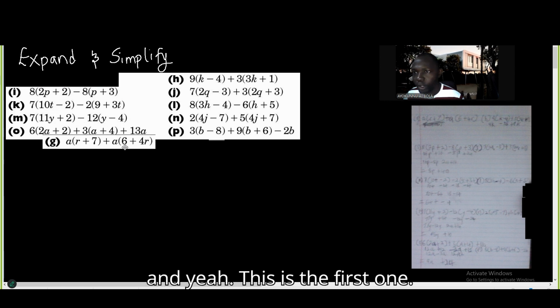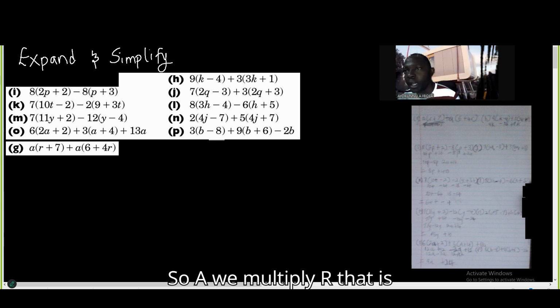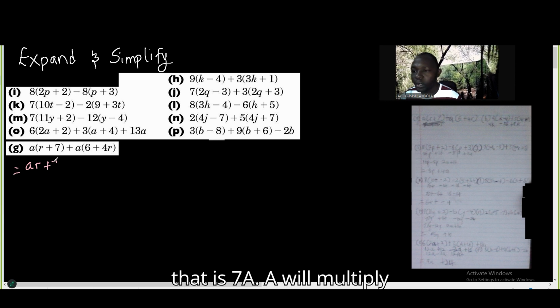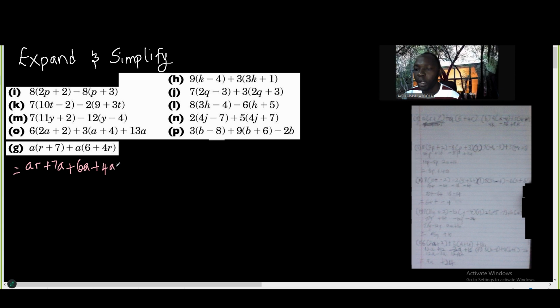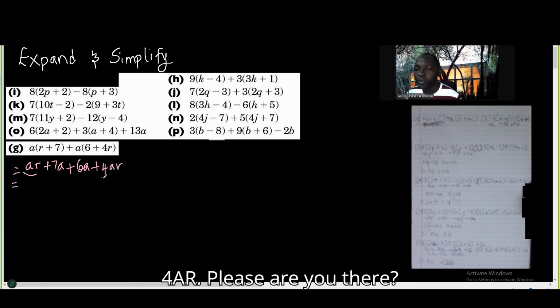And this is the first one. So A will multiply R, that is AR, and A will multiply 7, that is 7A. A will multiply 6, that is 6A, and A will multiply 4R, that is 4AR.